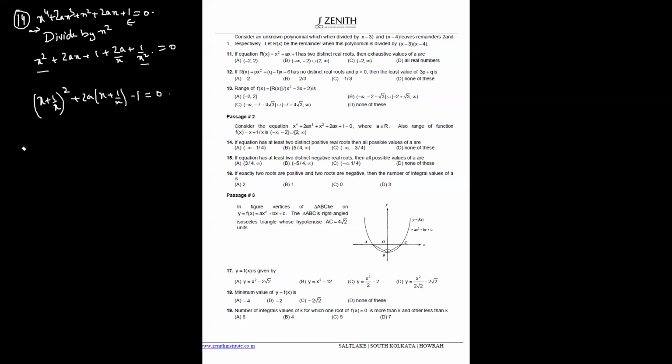So if we want two real roots of this, okay, any two positive real roots will come. The graph of x plus 1 by x is something like this. So for any positive value in the range, two roots will come, except for the case of it being 1 and minus 1. So basically if there is even one positive real root of t, two positive real roots will come out. So we want the condition of both negative roots.